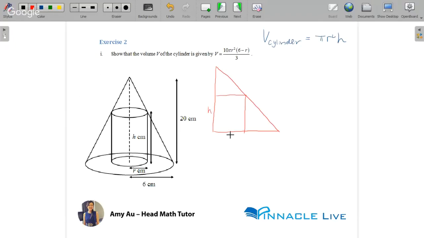That's meant to be h, that's meant to be r, and the bigger one is that one here, which is 6, and this one is 20. Also doing some basic maths, this is 20, this is h, so this would be 20 minus h, and this bit here will be 6 minus r. Now, let me also label that. Oops, that's meant to be r, that's meant to be h.